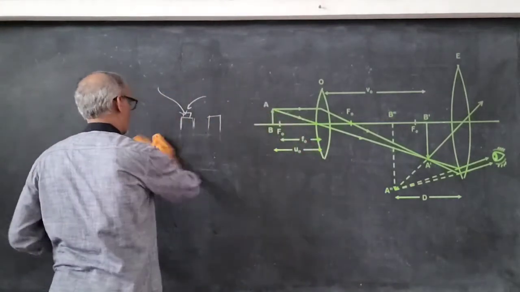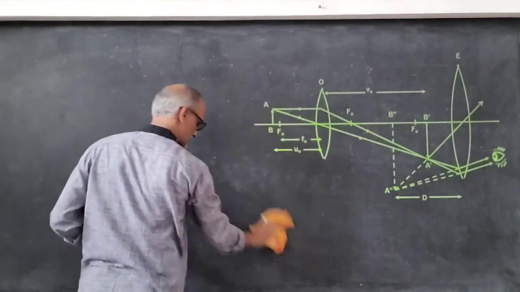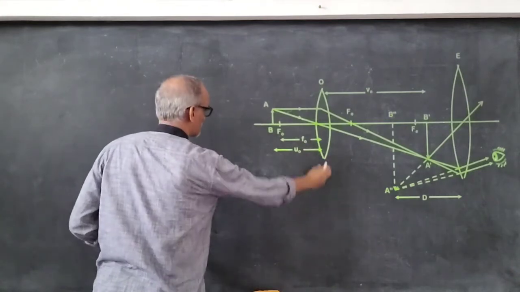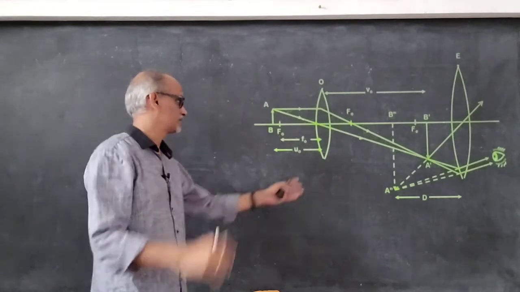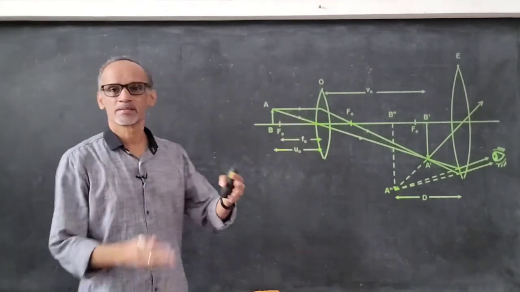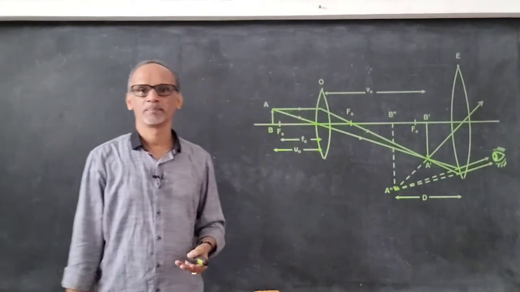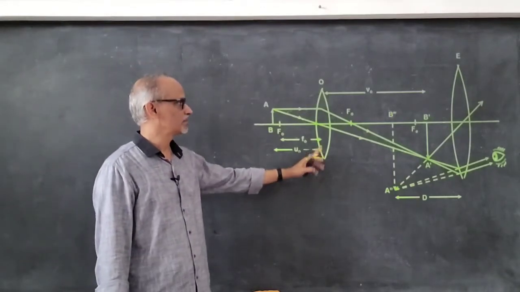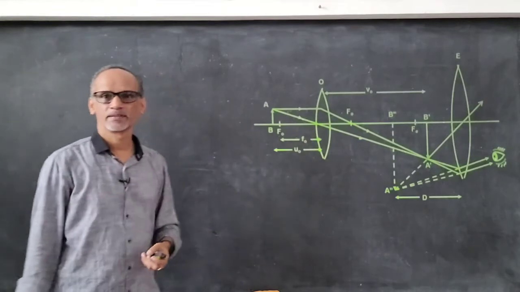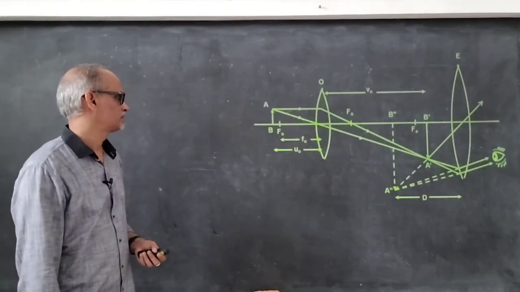If you see the aperture or the size of the lens, the objective is of small aperture, whereas the eyepiece is of large aperture. So that's the difference in terms of the size. Objective is of small aperture and eyepiece is of large aperture.